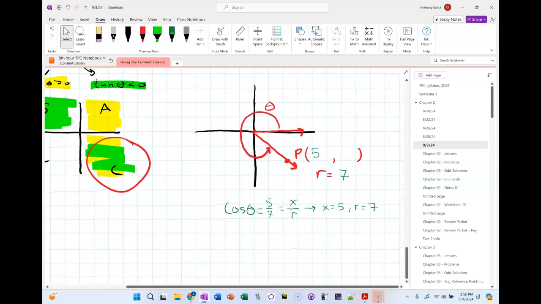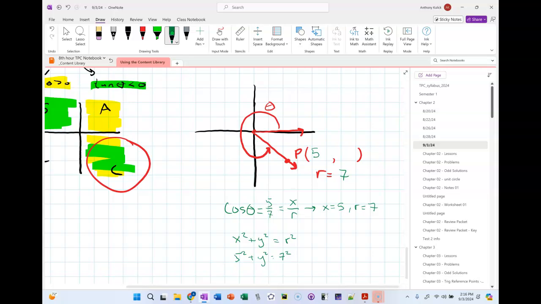Now to find y, I remember that x squared plus y squared is equal to r squared. So 5 squared plus y squared is equal to 7 squared. 5 squared is 25. 7 squared is 49. If I subtract 25 from both sides, I get y squared is 24.